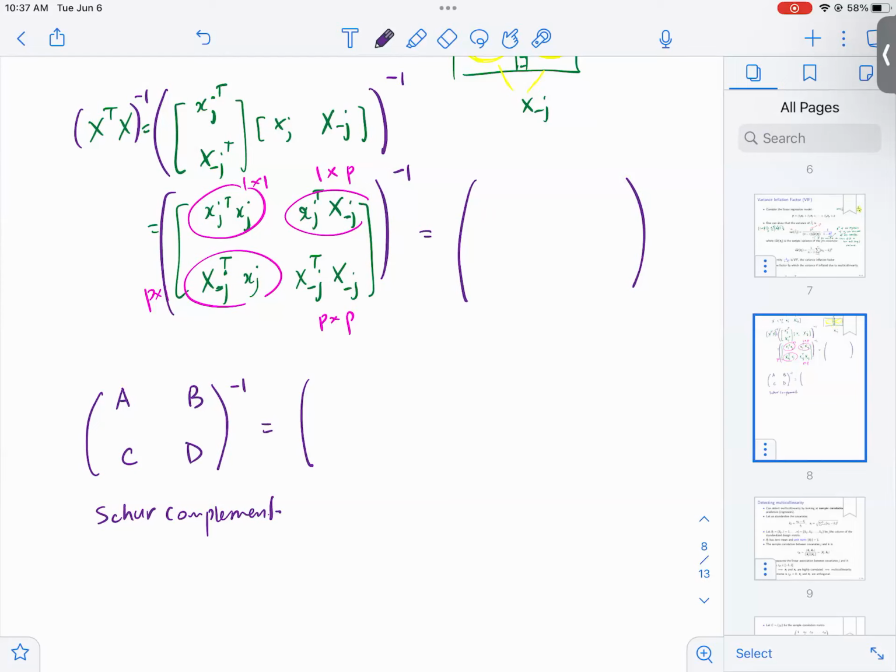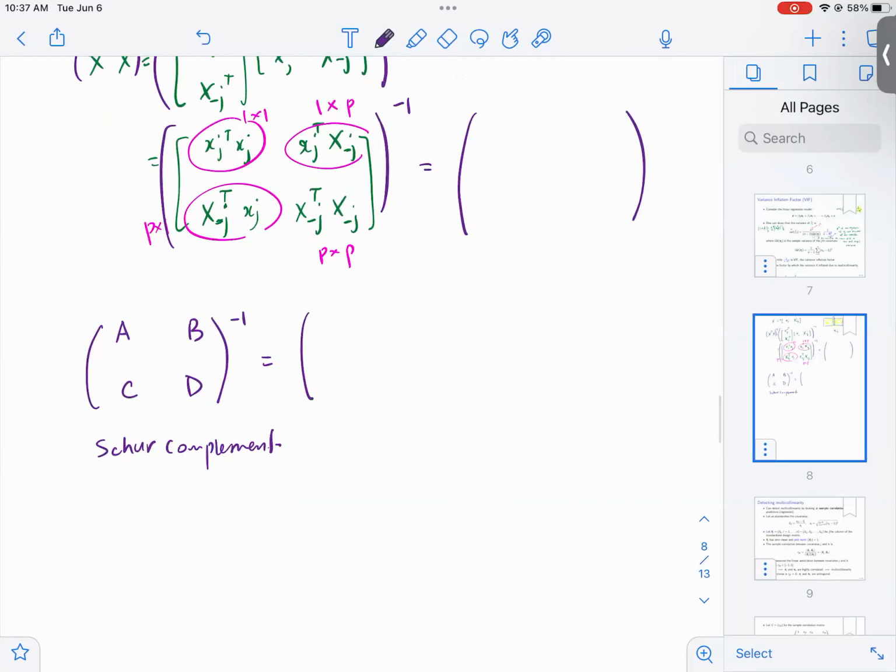You can make this block 0 and then that block 0, and then you can read off the inverse. So if this matrix is M, in Wikipedia notation M/D, if I'm not wrong, this would be the Schur complement, one of the Schur complements.